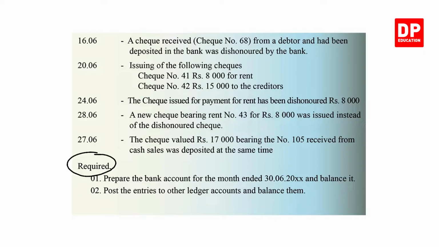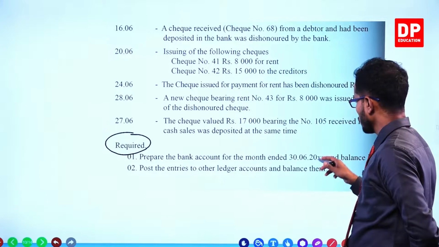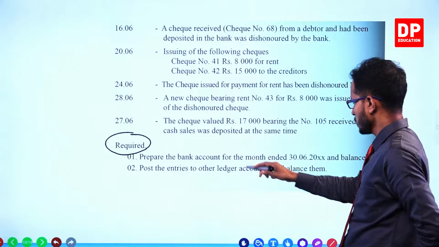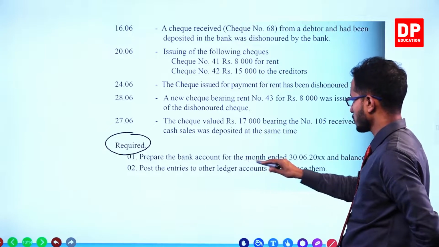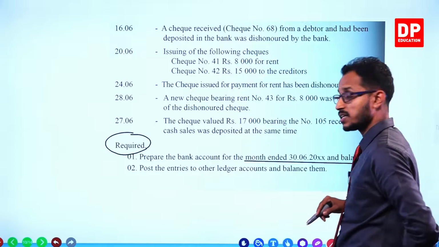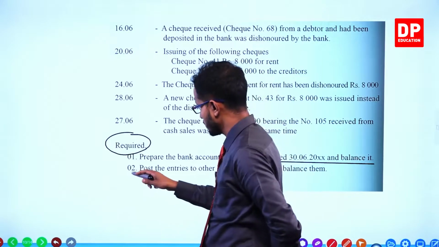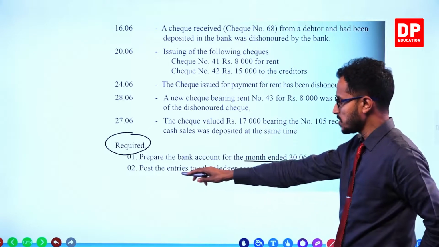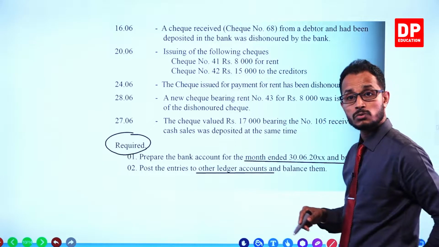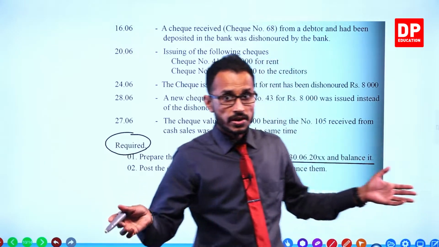Can you see the required part? We are required to prepare the bank account for the month ended on 30th June, and balance it. Then post the entries to the other relevant ledger accounts. Simple. All right, let's start.